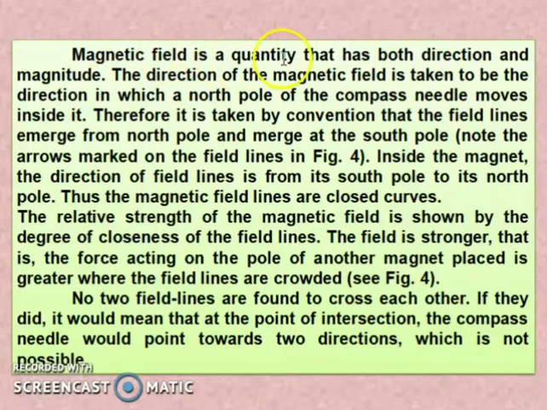Magnetic field is a quantity that has both direction and magnitude. The direction of the magnetic field is taken to be the direction in which the north pole of the compass needle moves inside it. Therefore, by convention, the field lines emerge from the north pole and merge at the south pole. Note the arrow marks on the field lines in the figure.